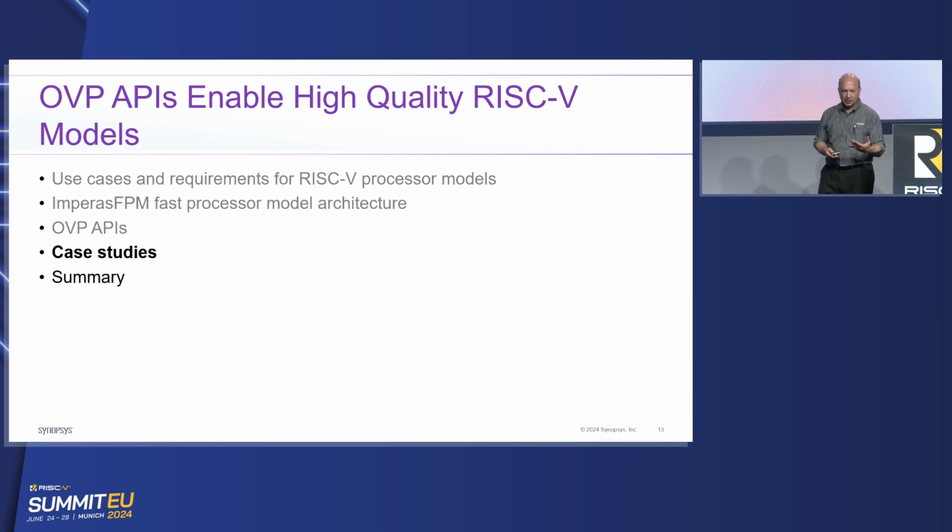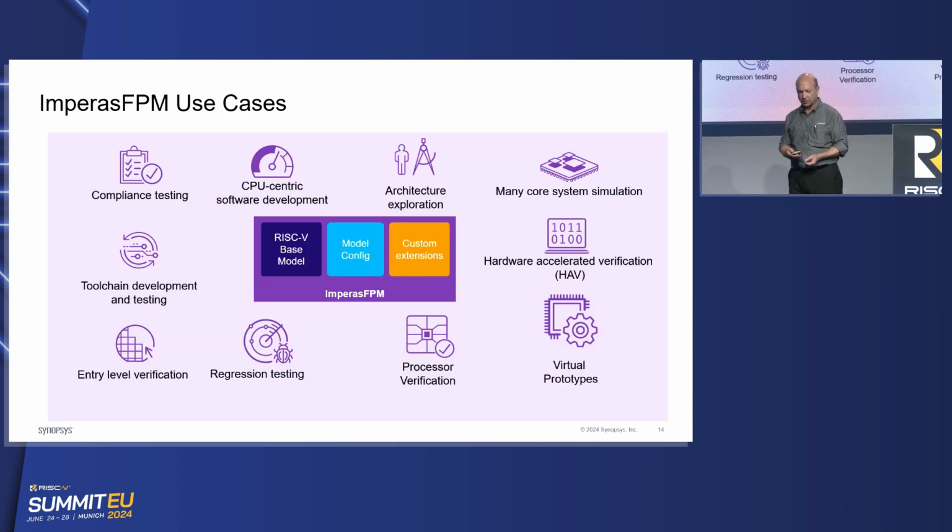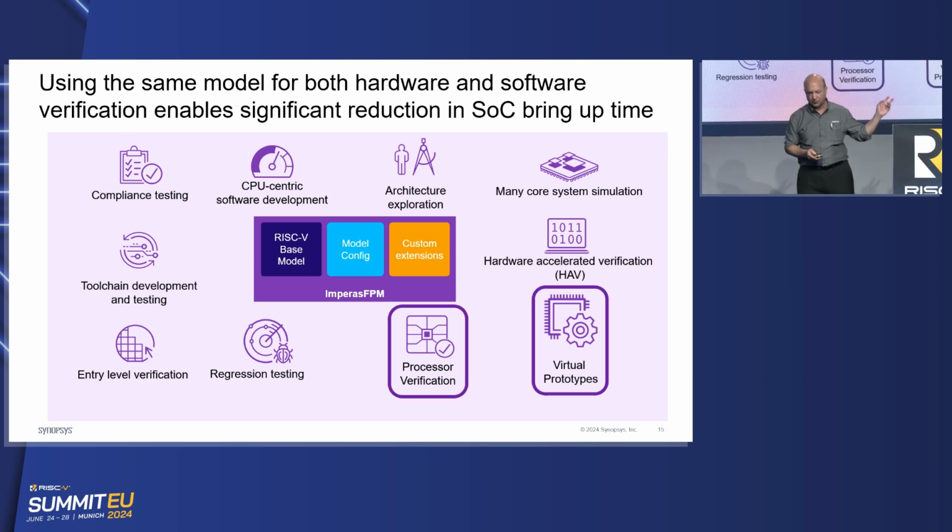So, case studies. Let's take a look at this. So now we've got the Imperas FPM model here in all these use cases. And I'll focus on the processor verification and virtual prototypes. And again, I'll make the point that using the same model for both hardware and software verification enables ease of use, enables reduction, in this case, in bring-up time.